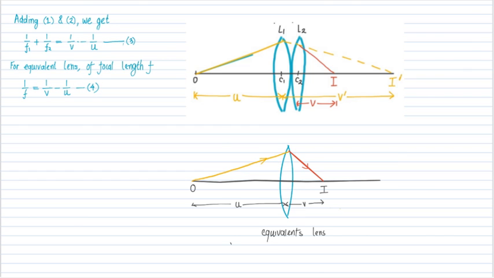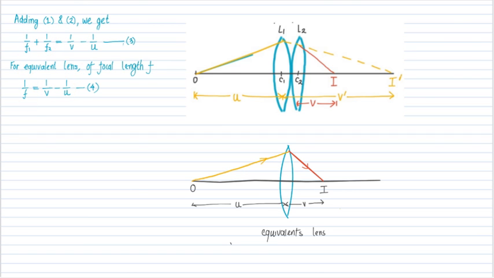Now compare equation 3 and equation 4. Look at the right hand side part. They have the same right hand side, 1 by v minus 1 by u. Therefore, the left hand side should also be equal.